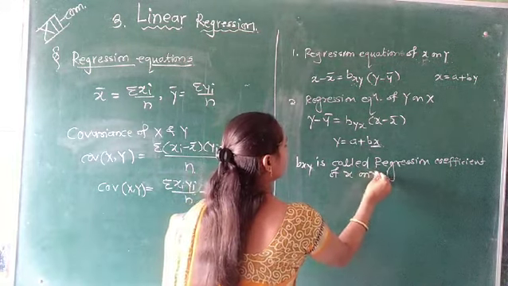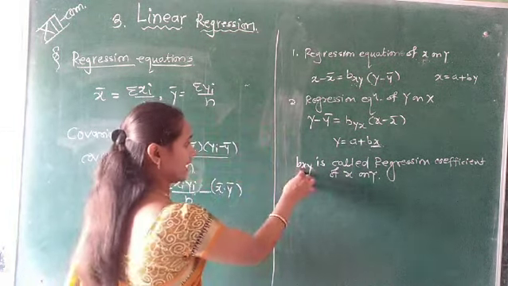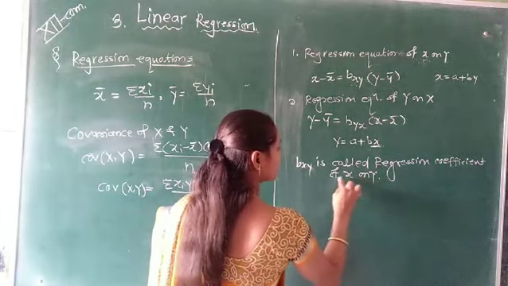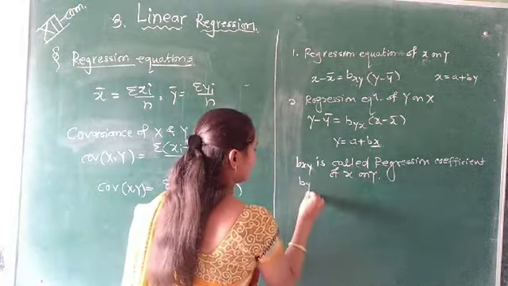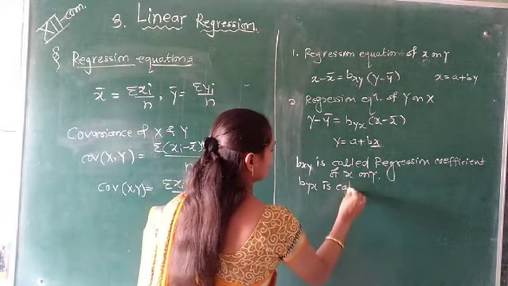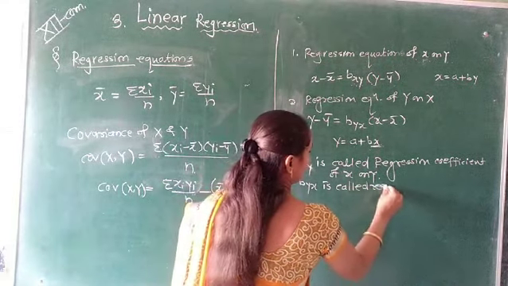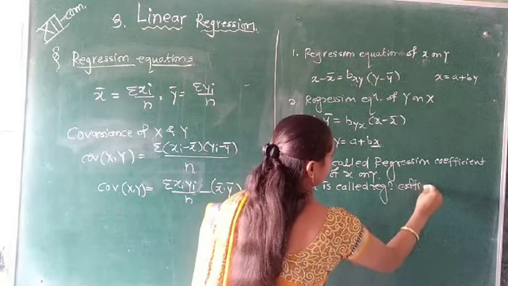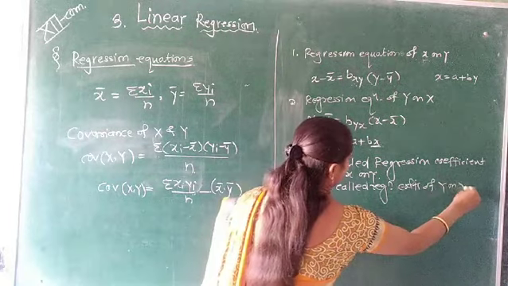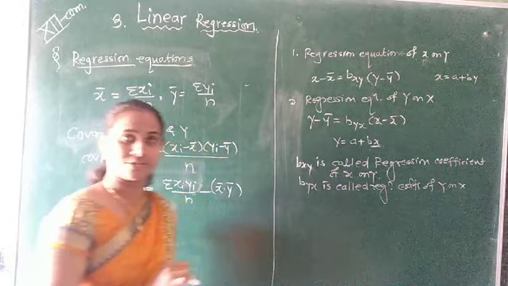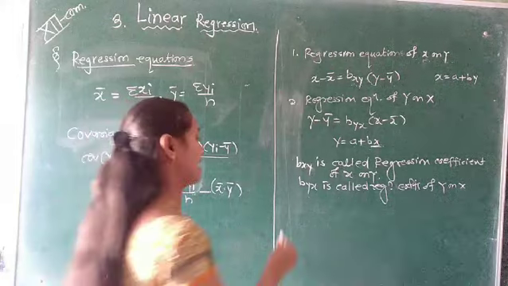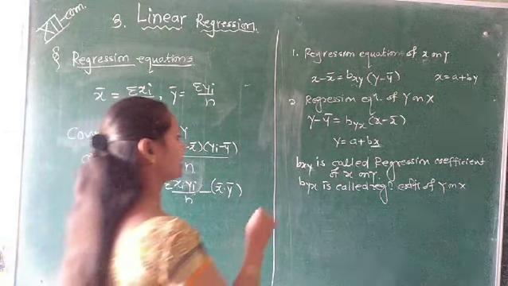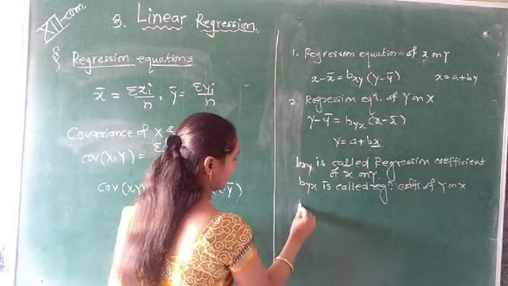Keep in mind that bxy, the one at the end, the regression is on that. bxy is called the regression coefficient of x on y, and byx is called the regression coefficient of y on x. Now we have to find the regression coefficients bxy and byx.